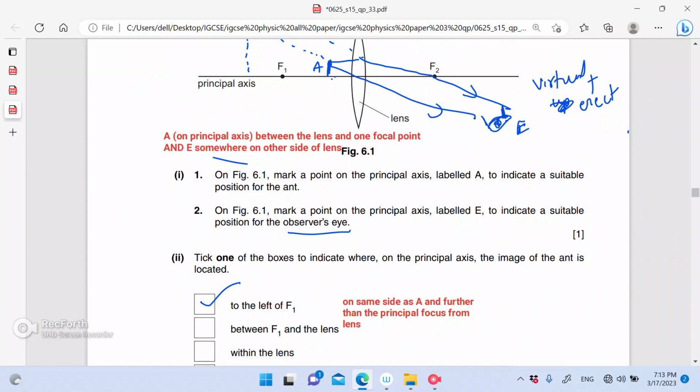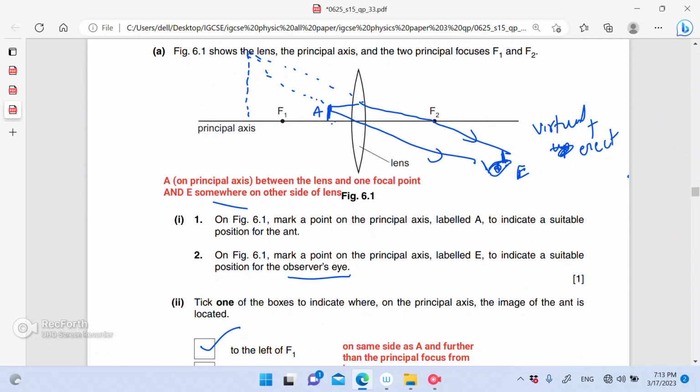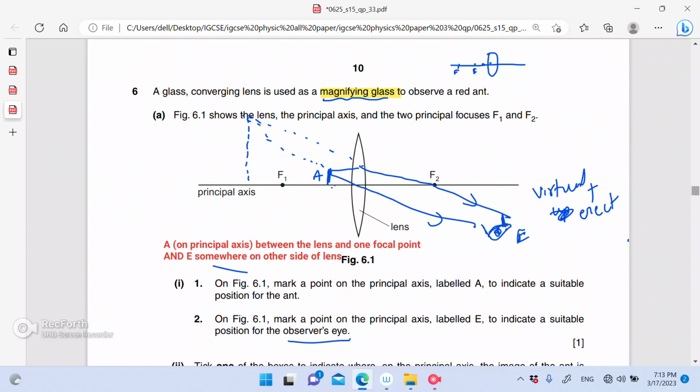Okay, they are asking, mark a point on the principal axis, label A, to indicate a suitable position for the object. So this is the position of the object, A. And mark one eye on the principal axis, label E, to indicate a suitable position for the observer.